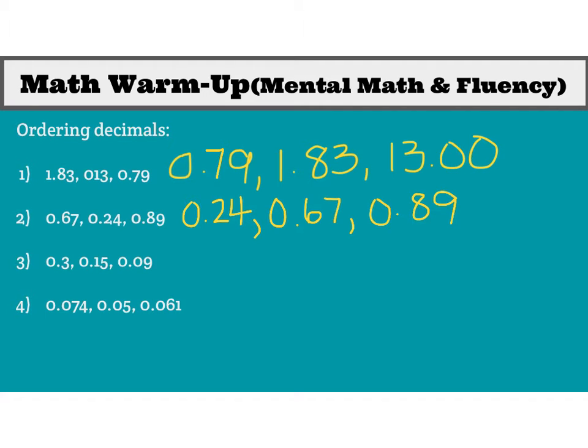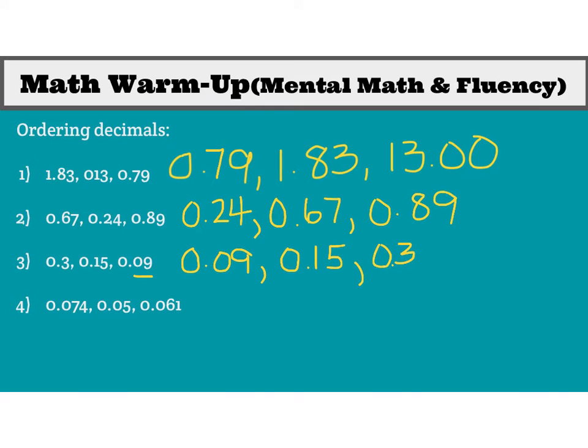Okay, for number 3, this gets a little tricky because we have some decimals with 1 digit and some with 2 digits after that decimal point. So we're looking at 0 and 900ths as being the smallest, and then would come 0 and 1500ths, and then 0 and 3/10ths.